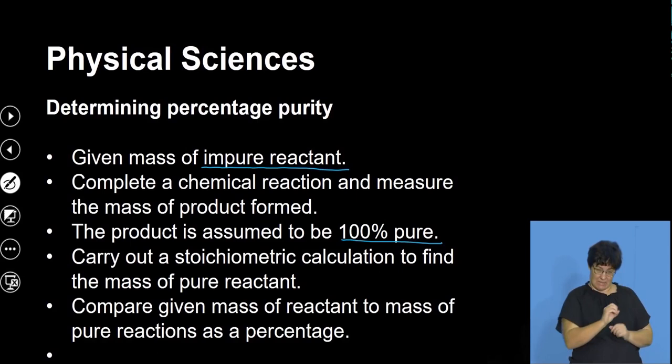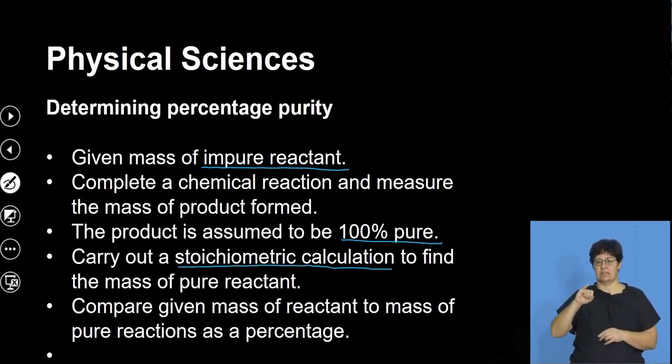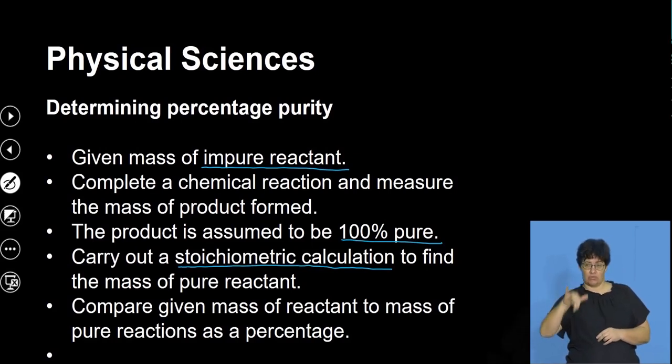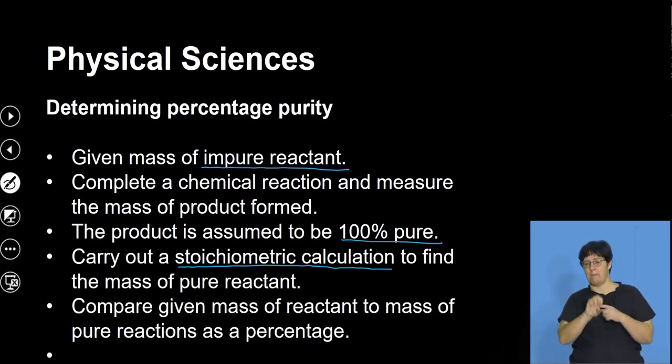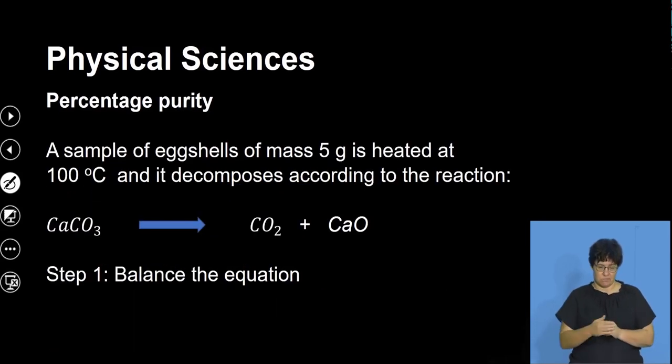Then we carry out the stoichiometric calculations, working backwards, to find the mass of the pure reactant based on the mass of the pure product. Then a comparison is made between the mass of the pure reactant and the mass of the sample as a percentage. So that's how we determine percentage purity.